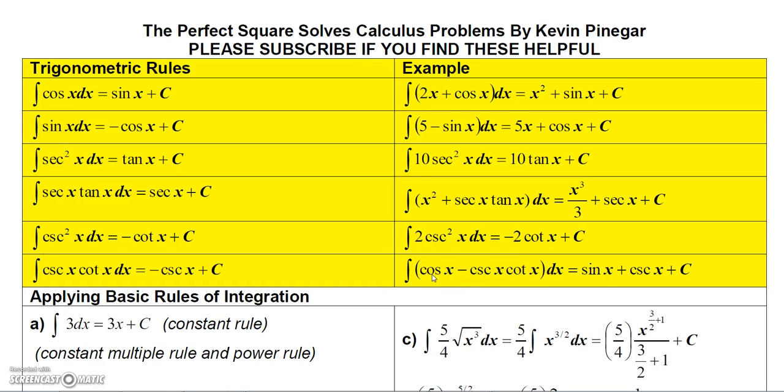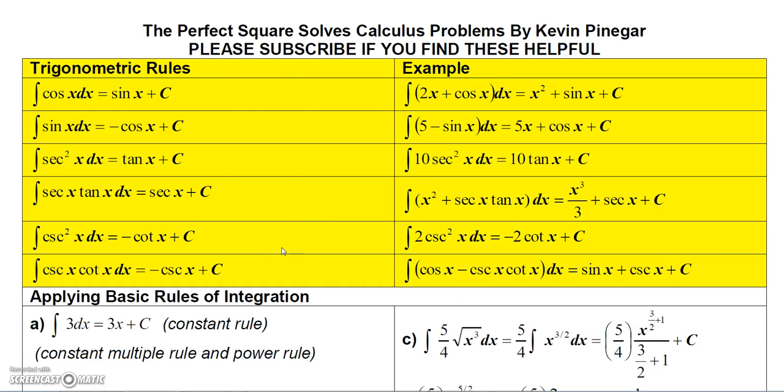Now we know cosine x integrates to sine x, and we know cosecant x cotangent x integrates to minus cosecant x, and then you have a minus there. And so when you put that minus with the minus cosecant x, then you're actually going to get a positive cosecant x here, and then plus a constant.